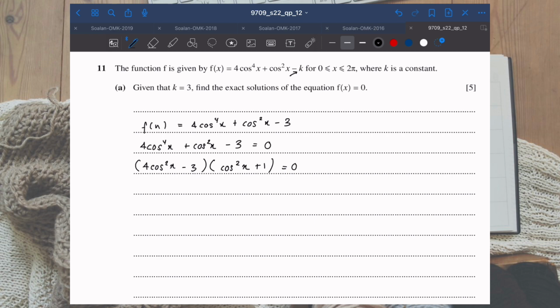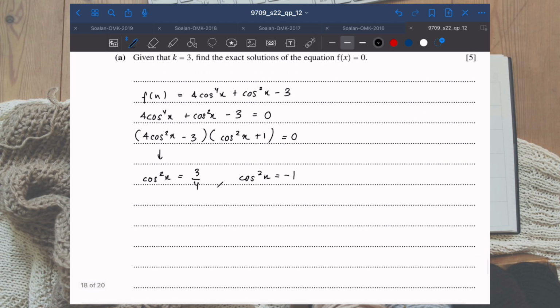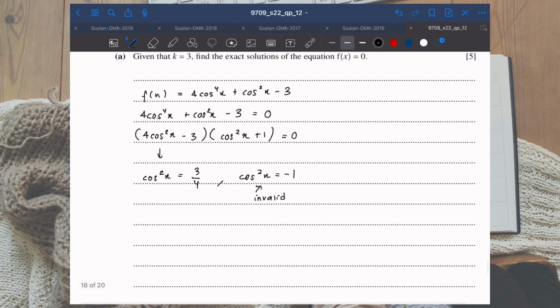So you have cos square x will equal to 3 over 4 and cos square x will equal to -1. This right here is invalid because a square number cannot be negative. So your cos square x is only 3 over 4.